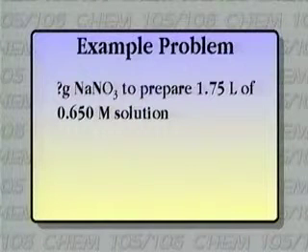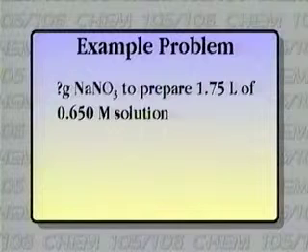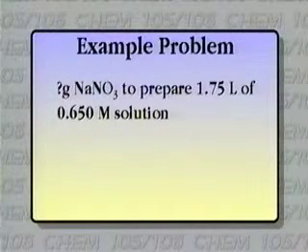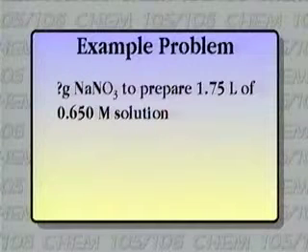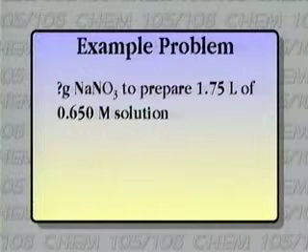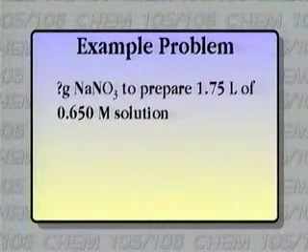The question would be, how many grams of sodium nitrate are there contained in there? Or asking it in a different way, how many grams of sodium nitrate would we need in order to prepare that amount of solution of that concentration?